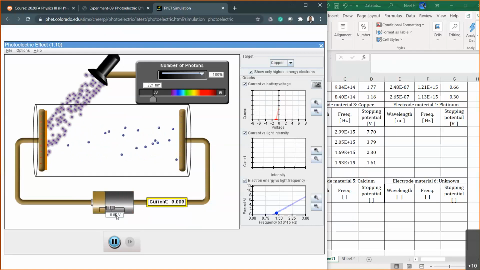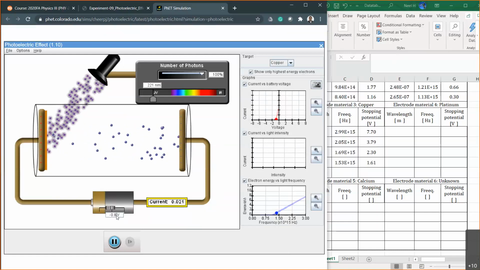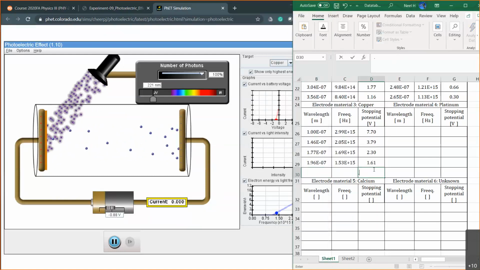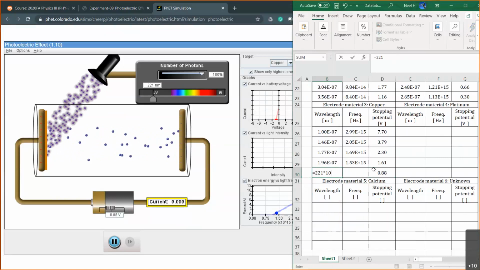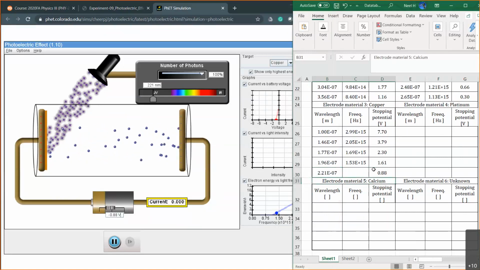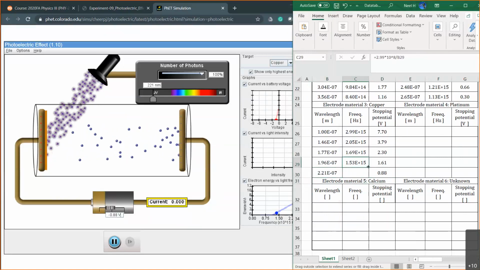Let's try 0.85. 0.86. 0.87. 0.88. So that's the best value we can get, 0.88. And the wavelength is now 221 times 10 to the power -9. And the frequency you can click and drag.